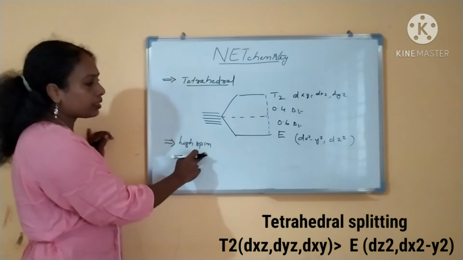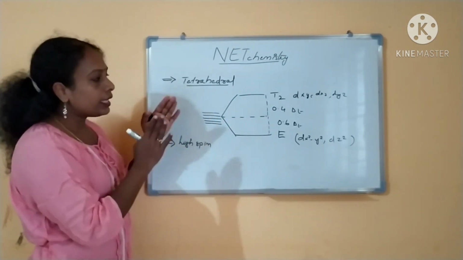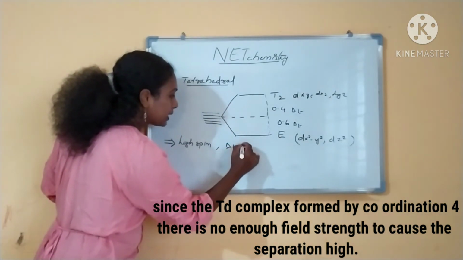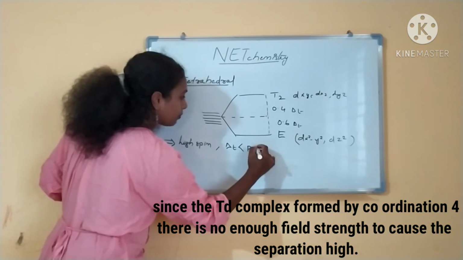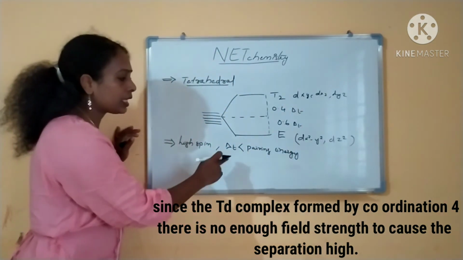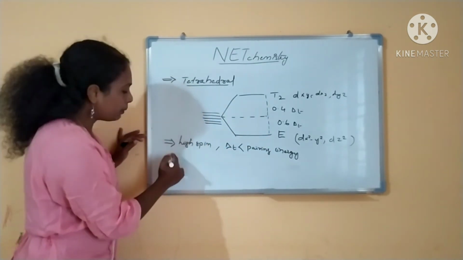Why does it form high spin complexes? Since only four ligands are there, that splitting will be low. So delta T will always be lesser than the pairing energy. Four ligands do not have enough field strength, so they will not cause higher splitting. So it always forms high spin complexes.